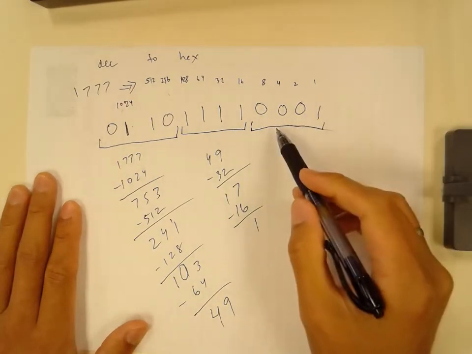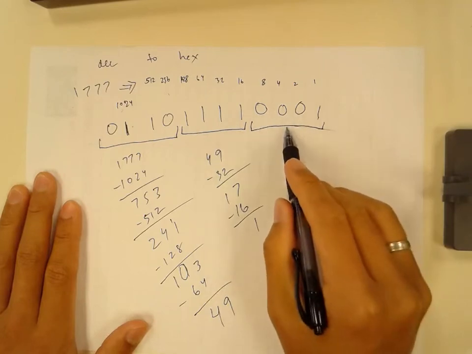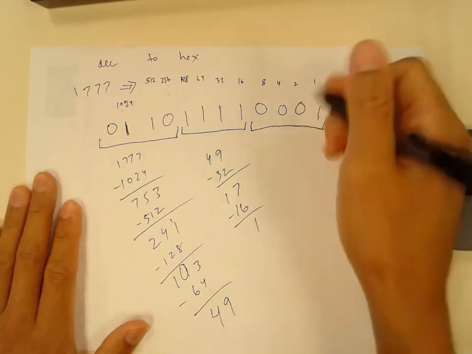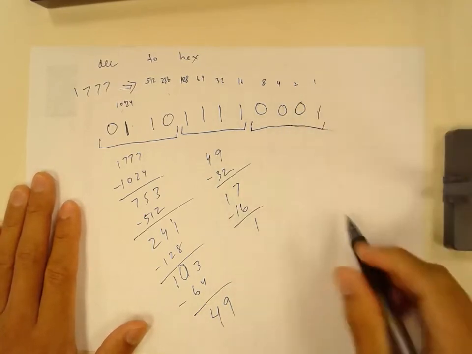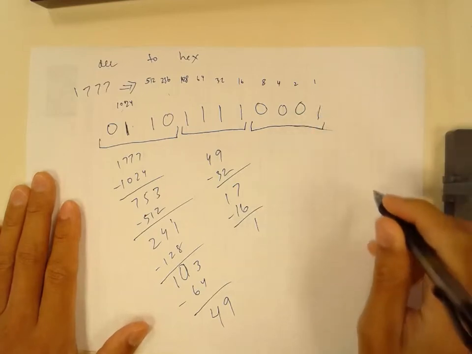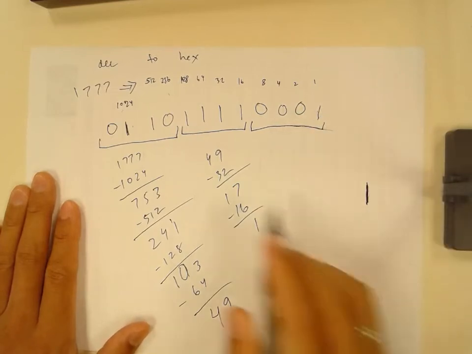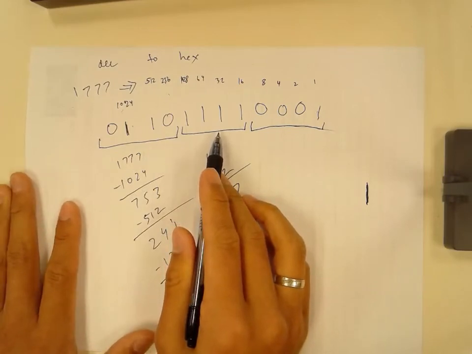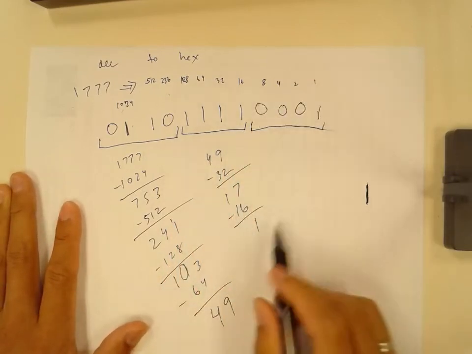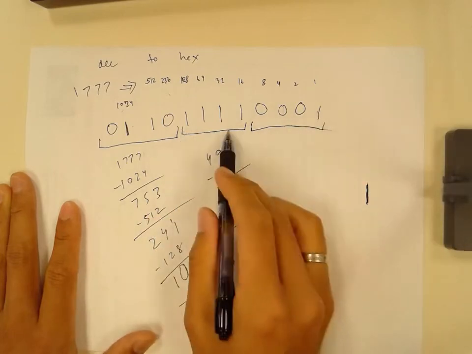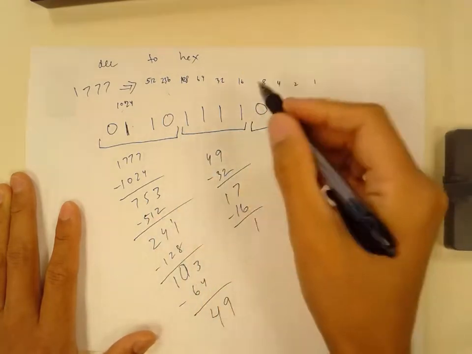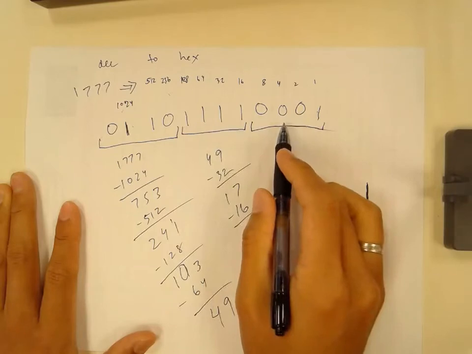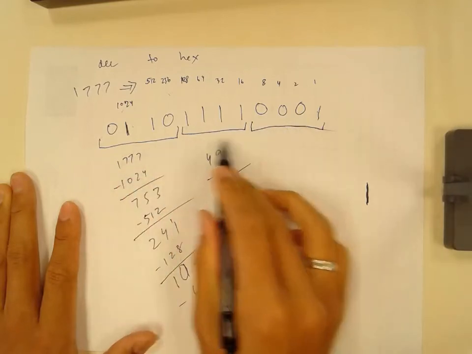So then here we got 1, and 1 in decimal is 1 in hex. So for every one of these 3 groups, you want to recalculate.